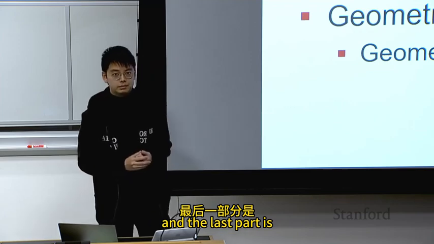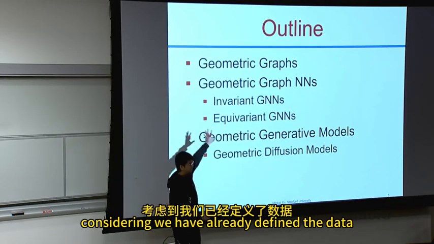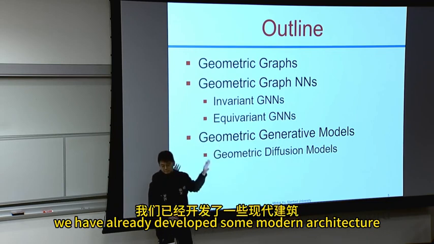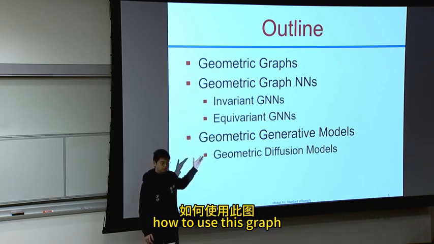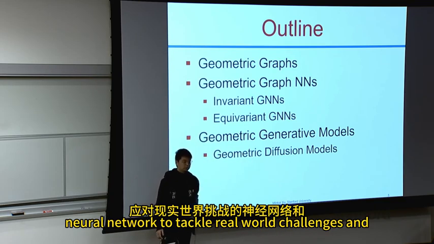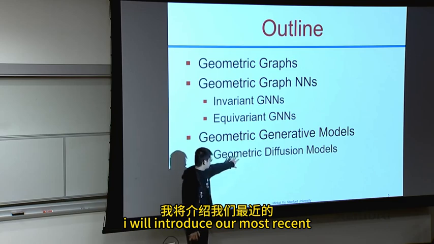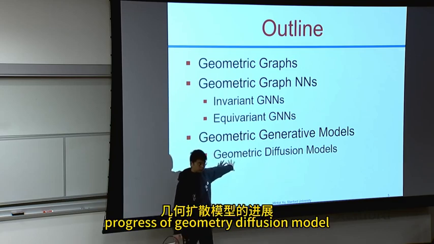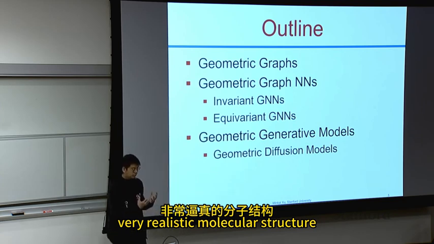And the last part is, considering we have already defined the data, we have already developed some modern architecture like a graph neural network, how to use this graph neural network to tackle real-world challenges. And I will introduce our most recent progress of geometric diffusion model, which is capable of generating very, very realistic molecular structure.